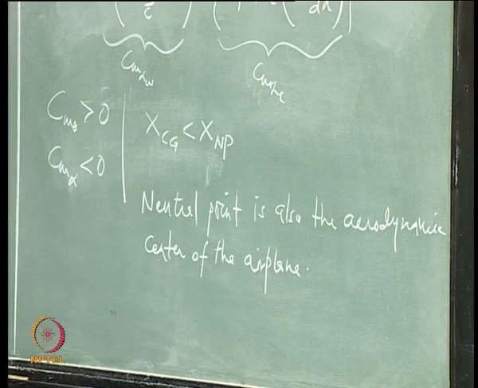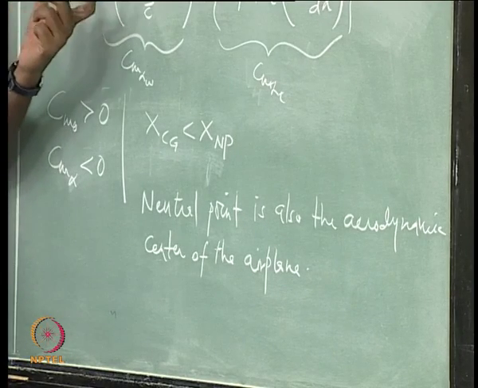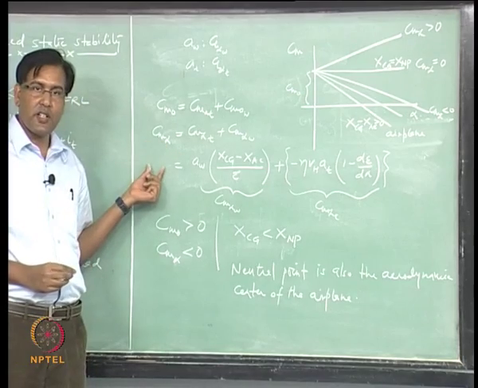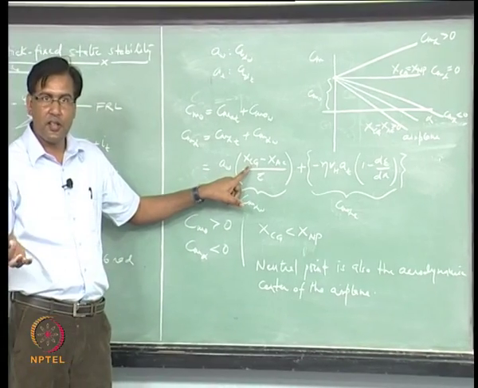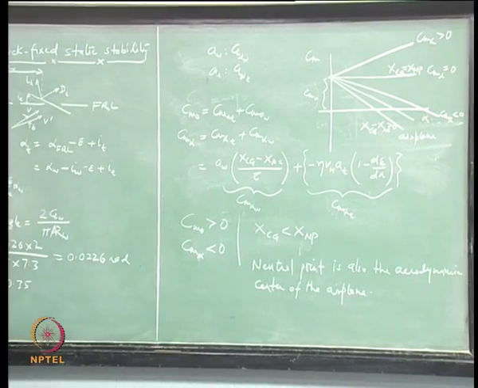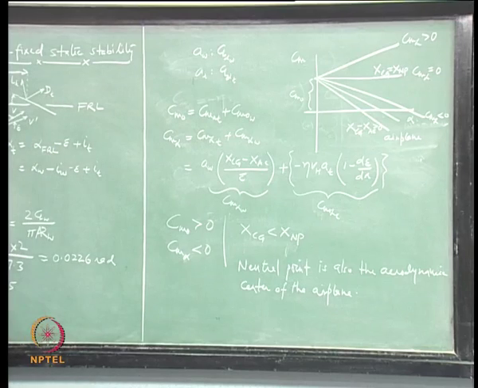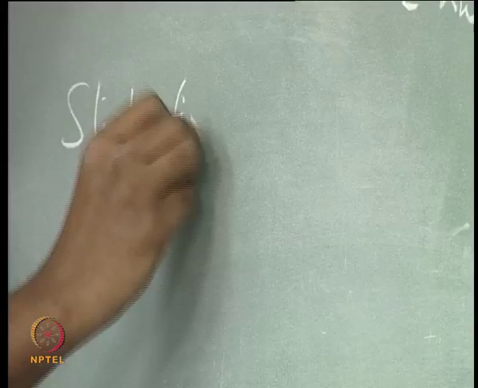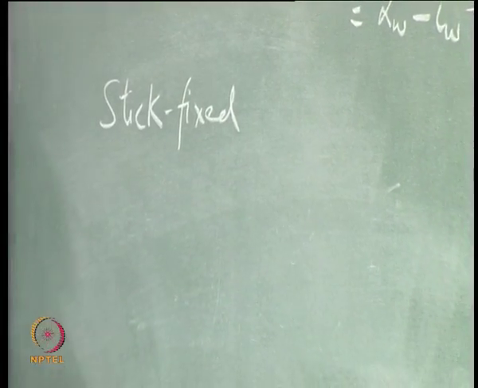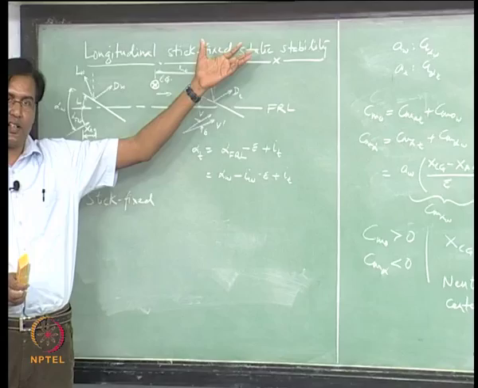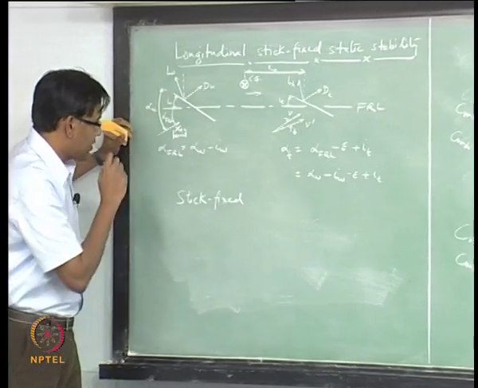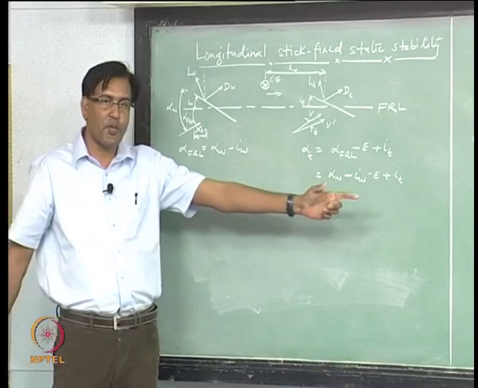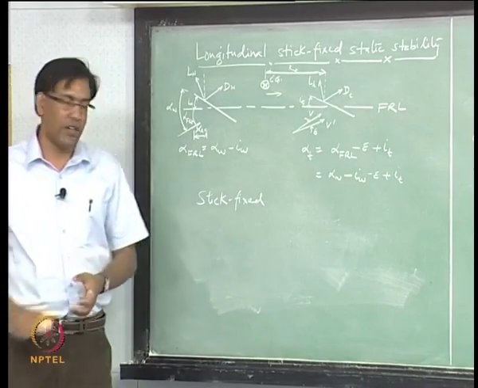So, how do you find an expression for x NP here? Set this Cm alpha to 0, and that is the point where this CG becomes NP. So, let us try to get the expression, and this is for the stick fixed case. We are still looking at stick fixed static stability. And thus we will call this neutral point the stick fixed neutral point.